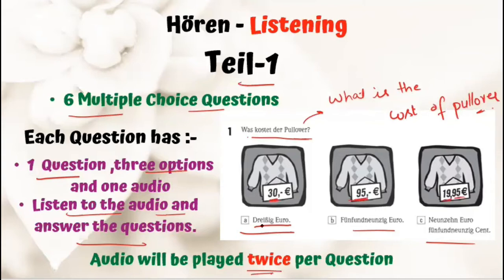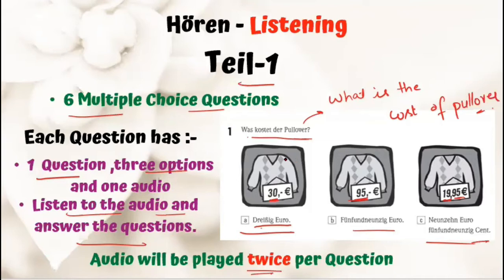So you have to be thorough with the numbers. That is 30 euro, 95 euro or 19 euro 95 cent. These kinds of questions will be there. This is tile 1. So you have to answer 6 questions in this format.